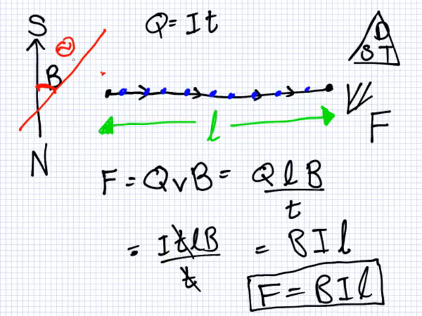If you were to resolve this into two directions, one going this way and one going this way, will this be cos or sine? Try again. It's cos because it's touching theta. This one here is sine. So you actually only care about the sine part, because you only care when the current and the field are perpendicular.